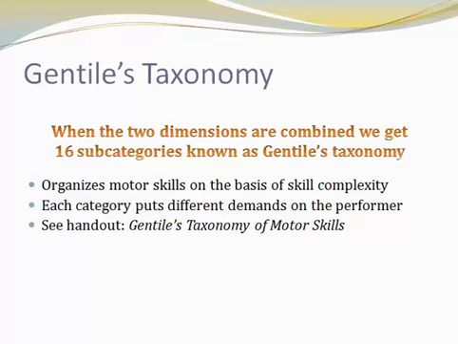So if we go diagonally from square 1A in the upper left-hand corner all the way down to the last square 4D in the lower right-hand corner, that's going from the simplest to the most complex skill.